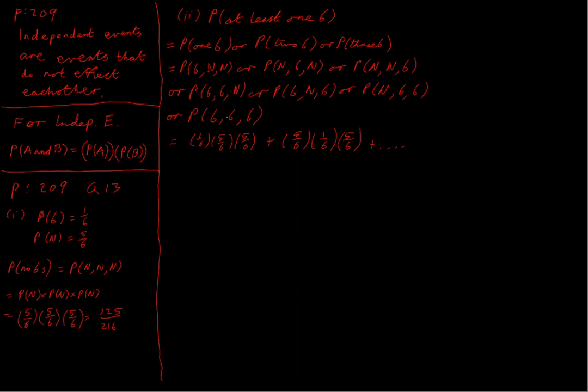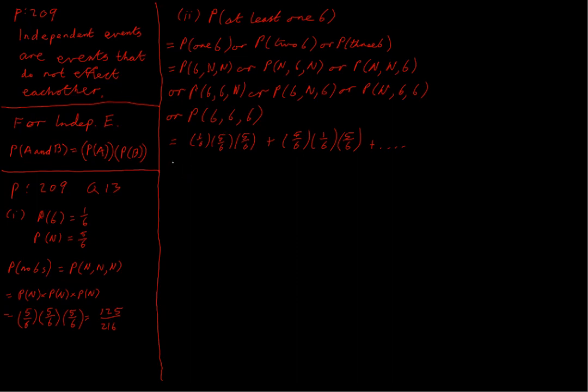Now, to be clear, if you forget how to deal with at least one in the exam and you write things out as I have been here, you will get full marks. It just takes quite a long time, and it requires you to be very careful of not making a mistake with writing out all of these fairly repetitive things over and over again. So this is one way to do it. You can, as an exercise, go through this process and you will find that you get the same answer as we're going to get using another method.